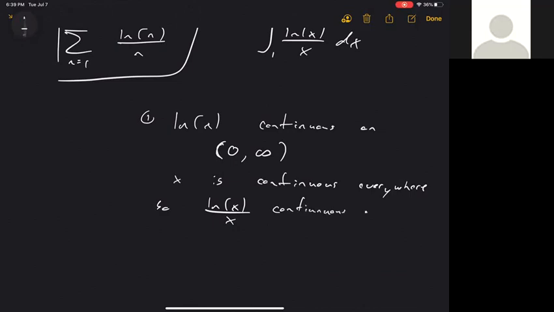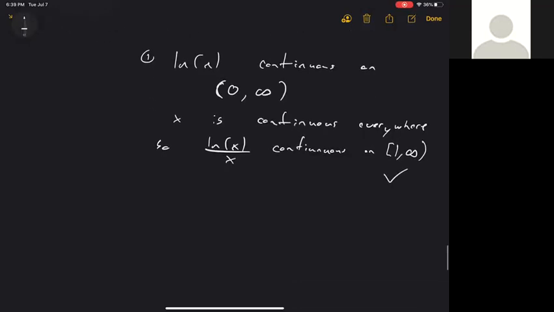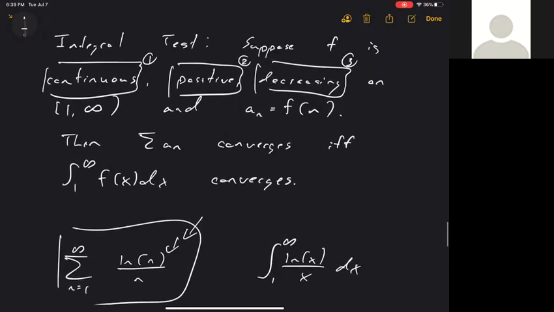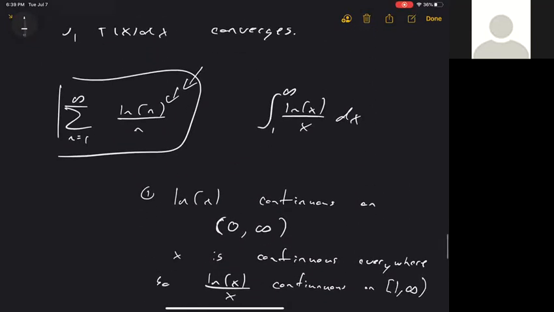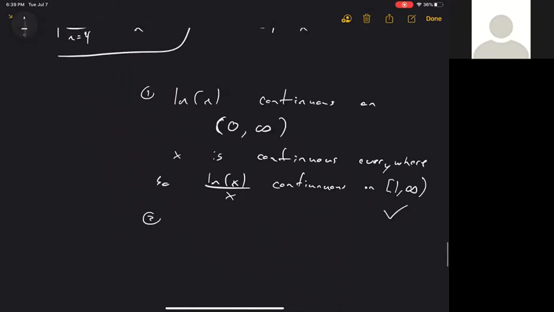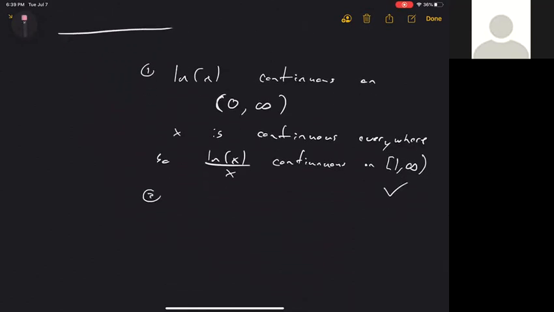So it's continuous on 1 to infinity. Okay, so it's continuous. And if you just want to give a little argument like that, that's fine. Two, is it positive? Well, actually, this wouldn't be positive on 1 to infinity, but let's say my series started at 4. Then everything's hunky-dory.